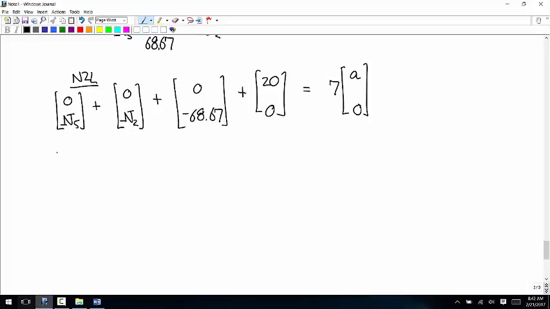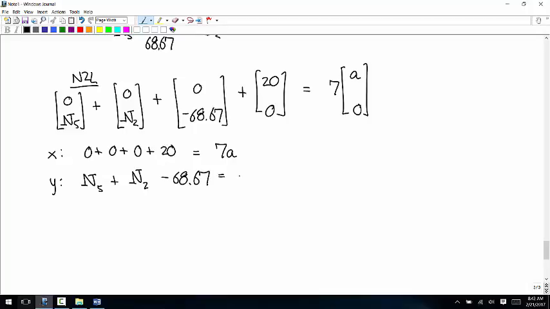Okay, this gives two equations. The x equation says 0 plus 0 plus 0 plus 20 is equal to 7a. And the y equation says N5 plus N2 minus 68.67 is equal to 0. Well, we're trying to find the acceleration, so this one doesn't help us.